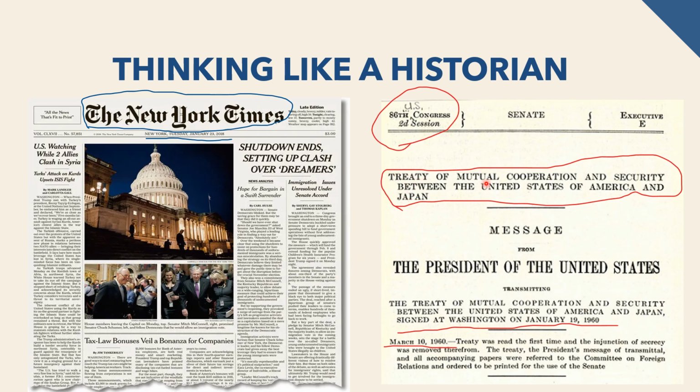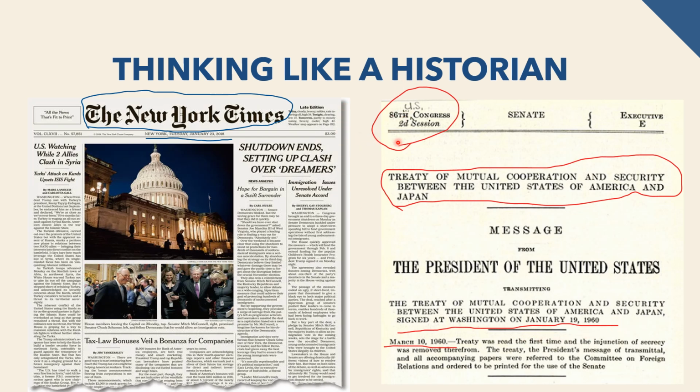Here is a copy of a government paper. This was a message from the President of the United States. Here we can see when the article was written in January.